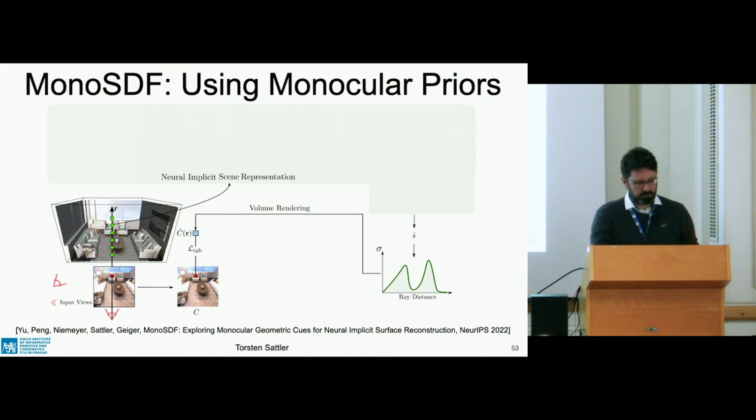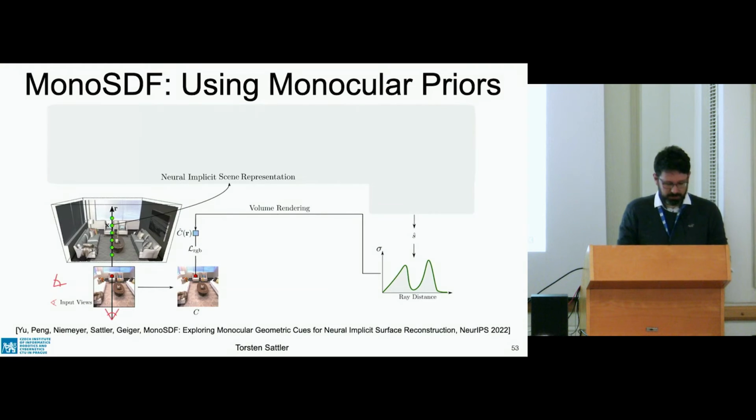And that's what we used in a paper we published last year, where the idea is we do the standard training of a neural radiance field or a neural volumetric SDF representation, where we sample points along the rays, we evaluate them, we get a distribution of density and color along the ray, and combine them into a single color based on volume rendering.